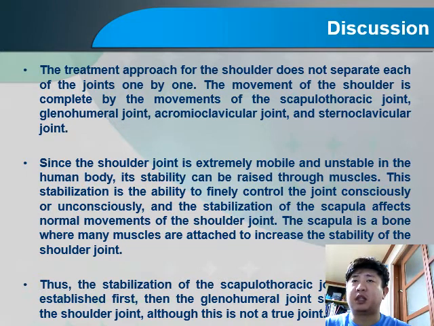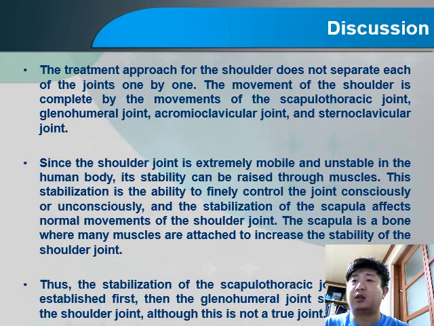This stabilization is the ability to control the joint consciously or unconsciously, and stability of the scapula affects normal movements of the shoulder joint. The scapula is the bone where many muscles are attached to increase the stability of the shoulder joint. Thus, the stability of the scapulothoracic joint should be established first.